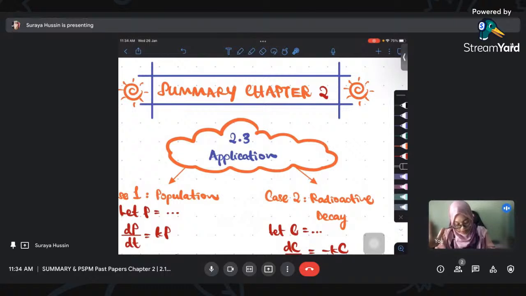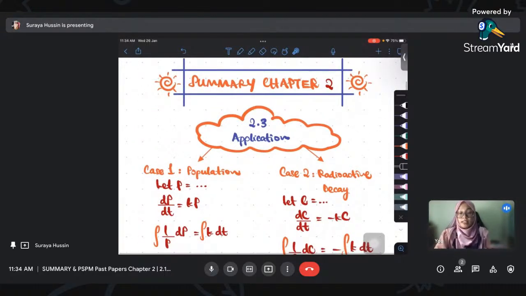So now ini adalah application untuk 2.3. Application untuk SIMPI, non-separable, dan juga application untuk separable, but mostly are separable. Okay, case pertama kita ada population. Case kedua kita ada radioactive decay.